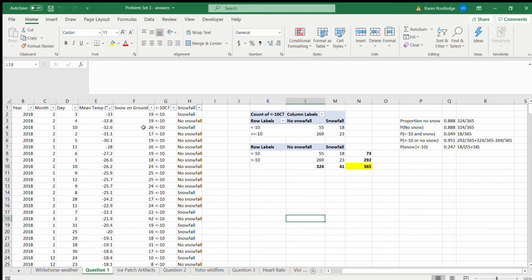And if it jumped from 19 to 26, then yes, some snow did fall, and so we get snowfall. If we go from 26 to 19, so a decrease in the snow on ground, then we will also assume that there's no snowfall. The question made a caveat that snow didn't fall and melt on the same day, so we don't have to worry about that.